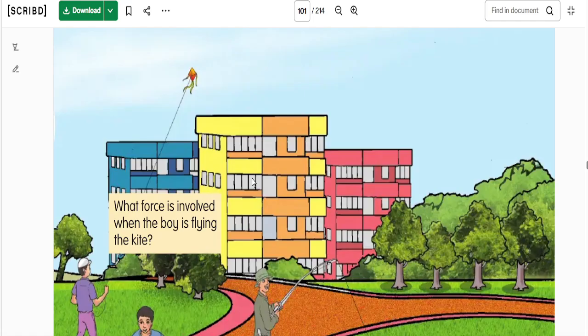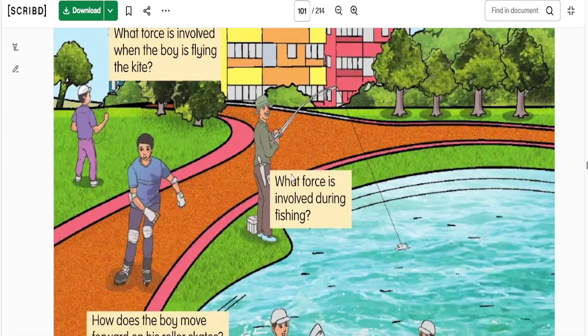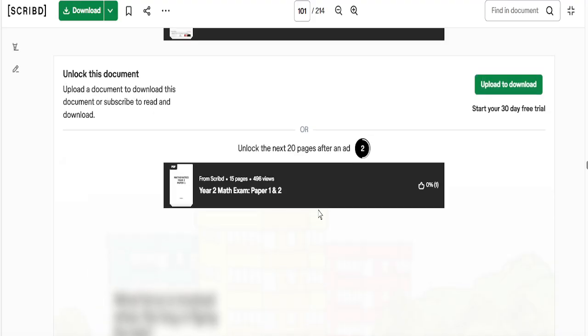Then here, what force is involved during fishing? Pulling. Yes, he is pulling, like during fishing, when a fish is caught on the line, he's pulling through the string with the rod.